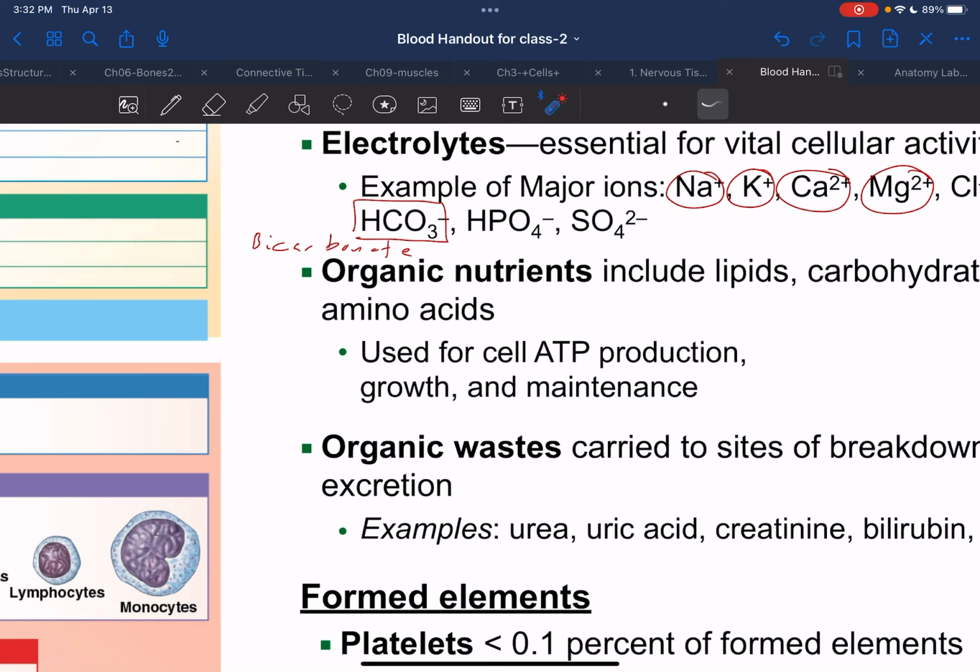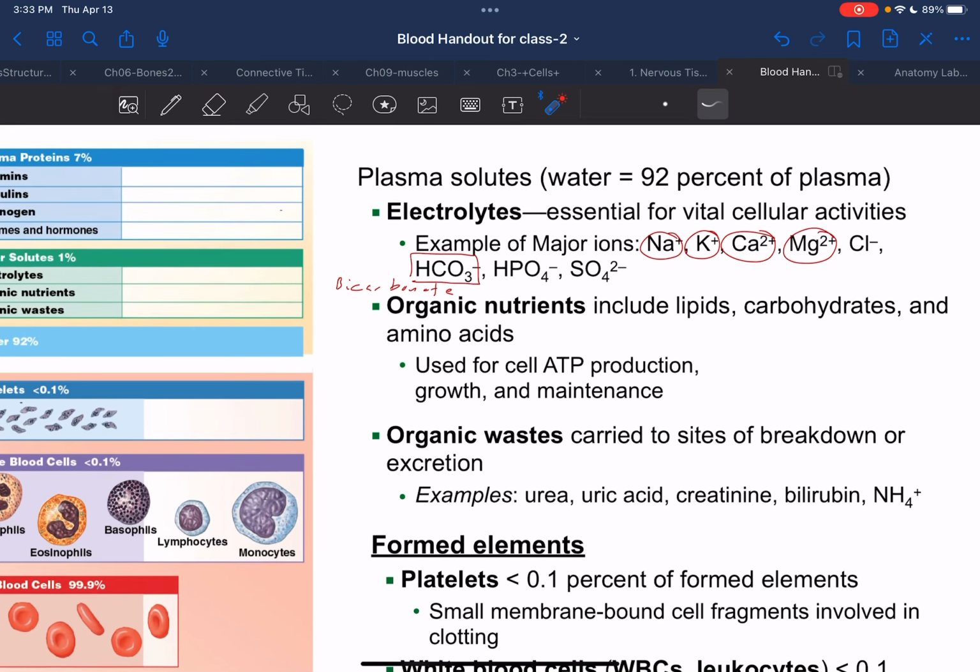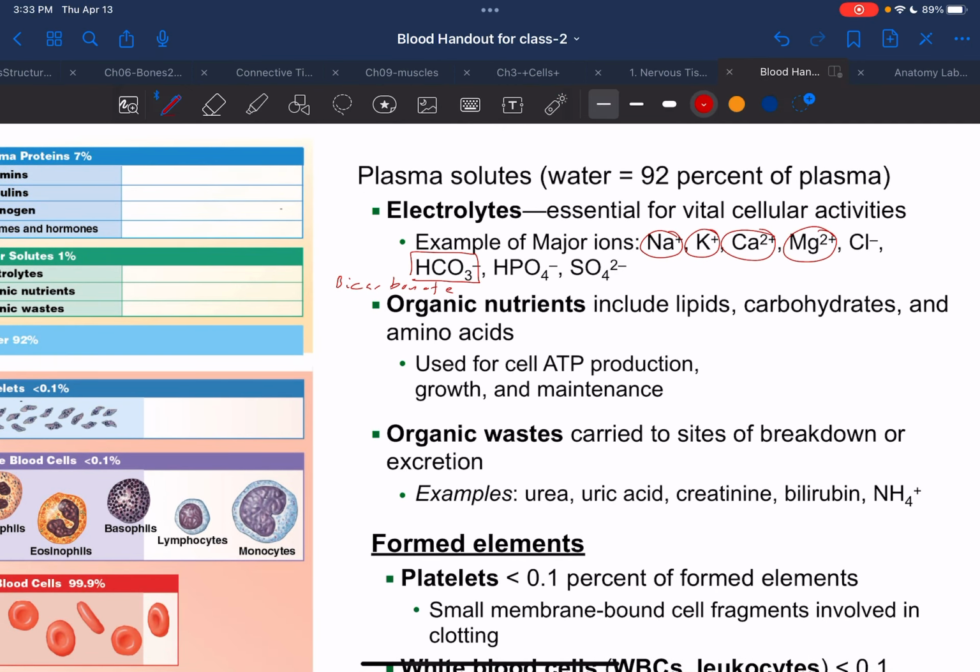And then once those nutrients are in your body, they are delivered to the cells, and then the waste goes into the blood vessels, and urine is there to remove all the waste. The common waste that we find in blood is urea, uric acid, creatinine, bilirubin, and ammonia. Make sure we know these.